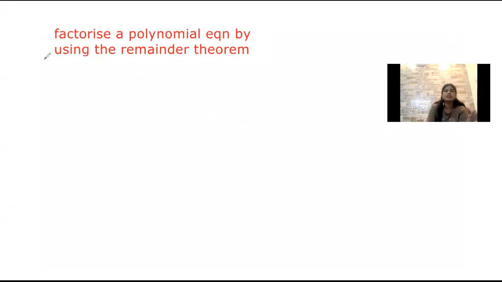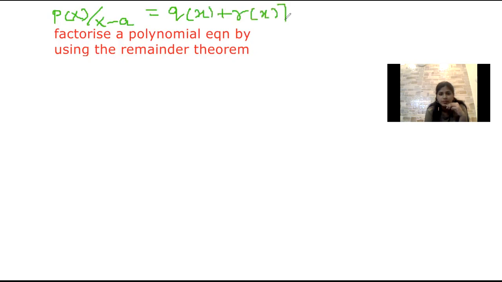So let me write the theorem first for my reference. Over here it can be P of x upon x minus a equal to Q of x plus R of x, or else you can write the denominator x minus a over here also. So this is the theorem.